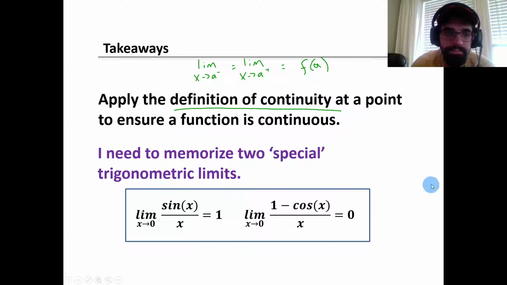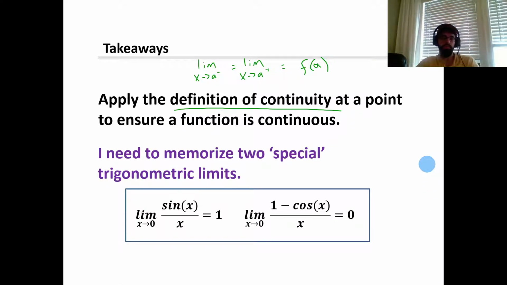Takeaways. We can apply the definition of continuity at a point to ensure a function is continuous. And again, our definition of continuity is the limit has to be equal to f of a, or the right-sided limit and the left-sided limit have to be equal to each other, as well as equal to f of a. We're working on continuity, but we can see that our definitions of continuity are completely dependent on the concept of limits.